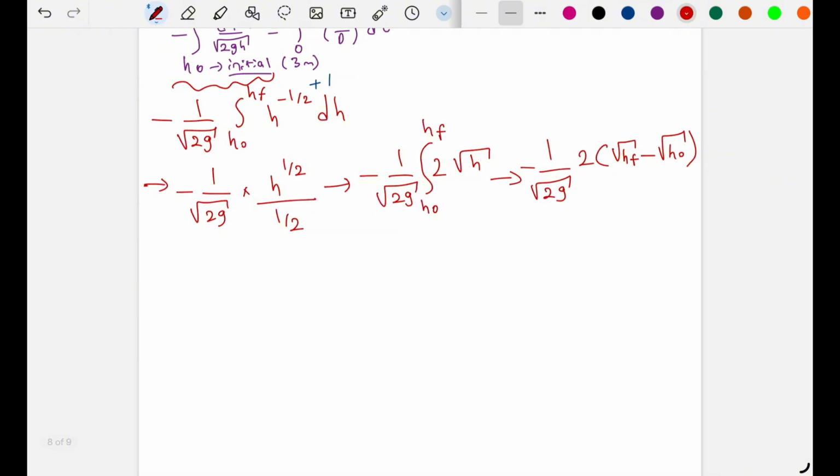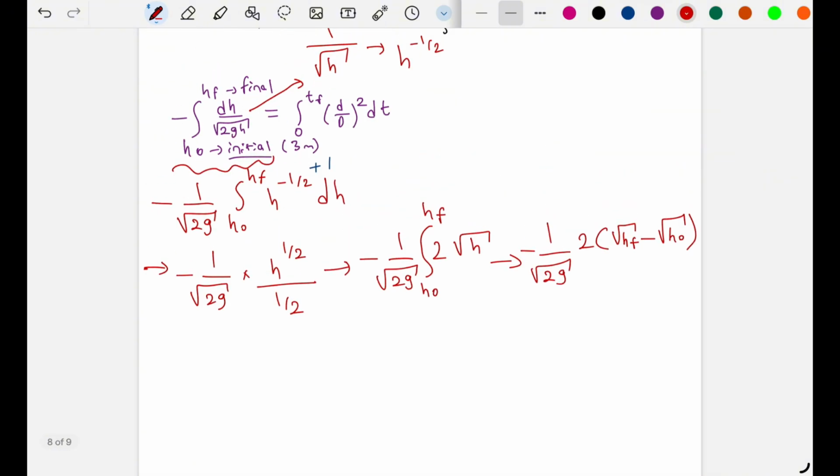And the remaining part is this one. And to get that, we are just multiplying it by t because we are taking the integral.